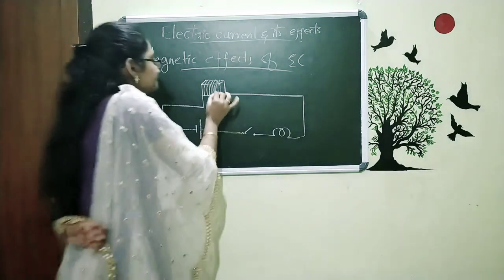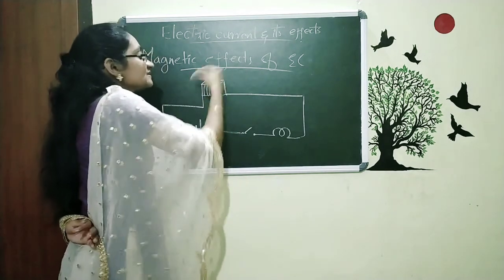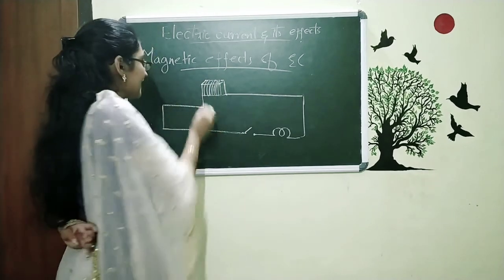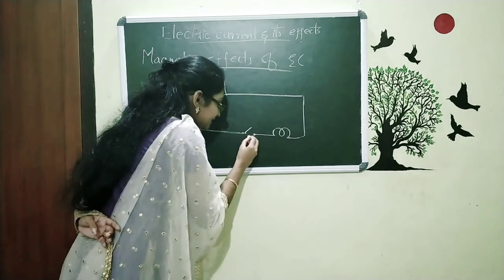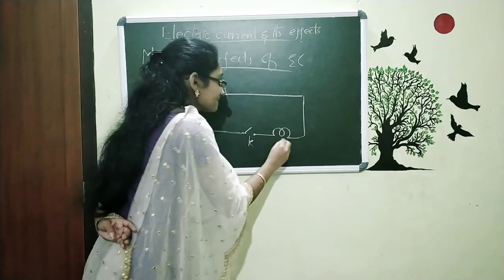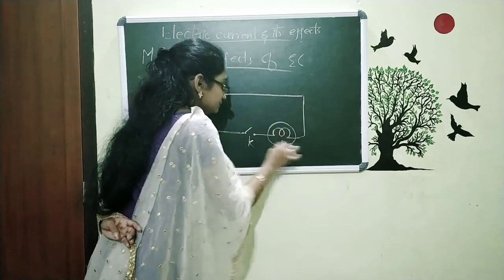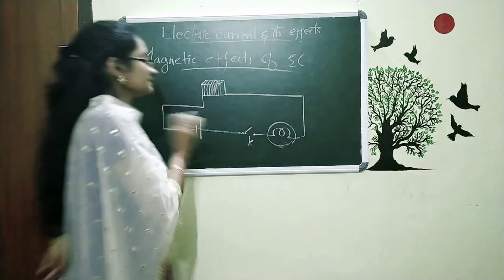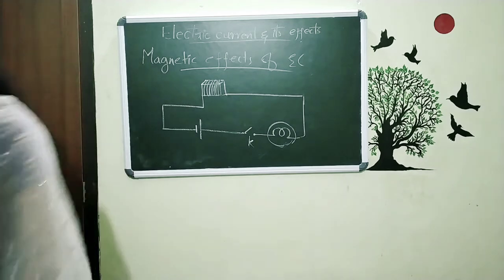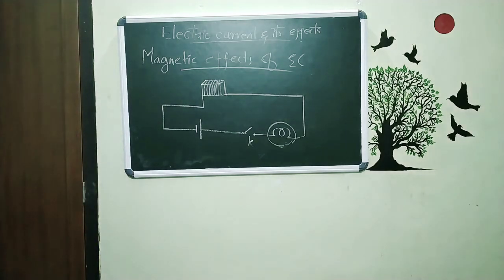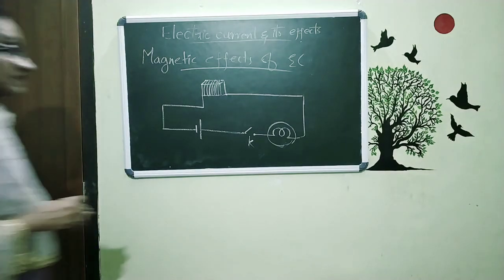So, here after winding this wire, what we are doing is connecting a battery, a key and a bulb. So, this is the diagram and now this key is open. Now I am going to place a compass.